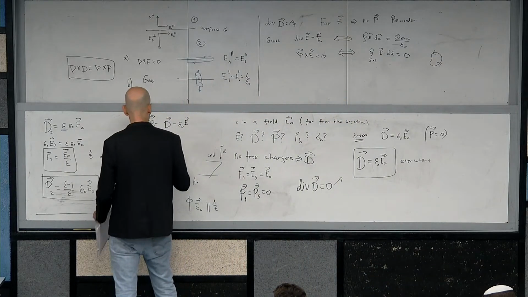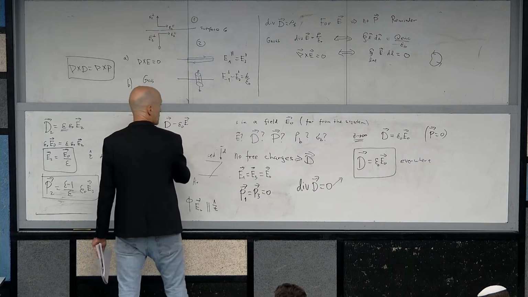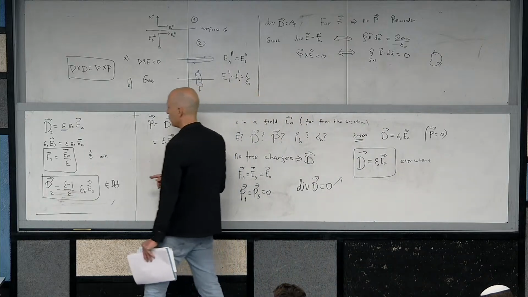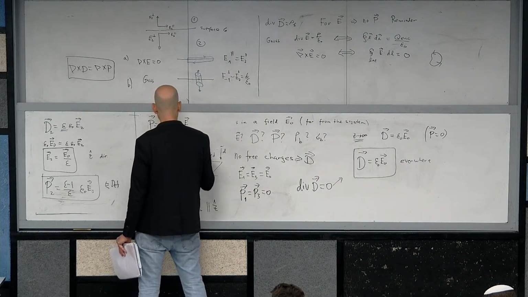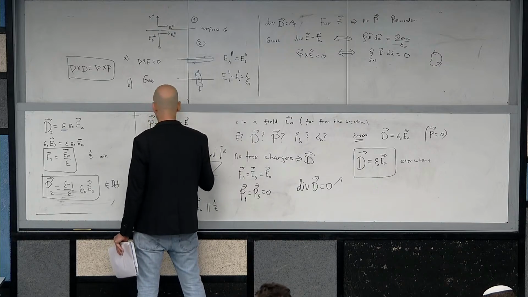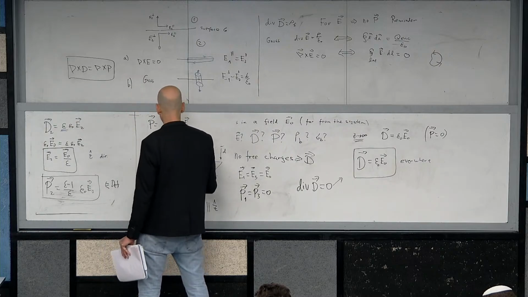So, but let us write it down. So it's epsilon 0 times E0. This is this one. And then we have here minus epsilon 0. The E is divided by epsilon.